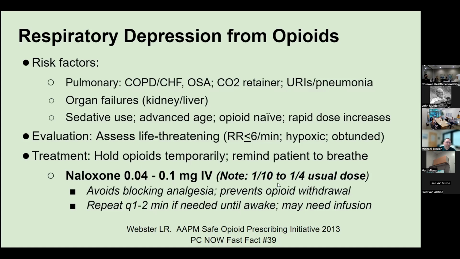But generally, you give 1/10 to 1/4 the usual dose, so 0.04 to 0.1 milligram. You can do this by mixing 1 amp in 10 cc's of normal saline and then giving 1 cc. And this will reverse respiratory depression without blocking analgesia, and it will not make them go into opioid withdrawal.